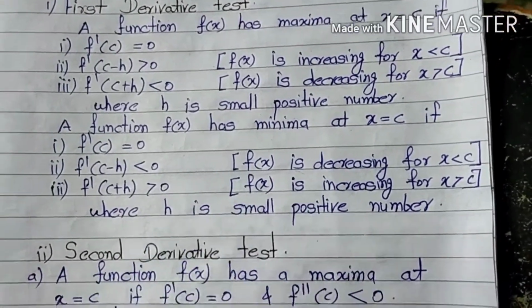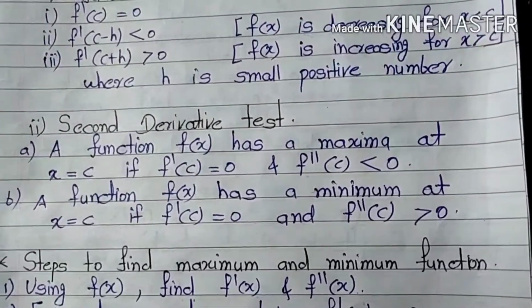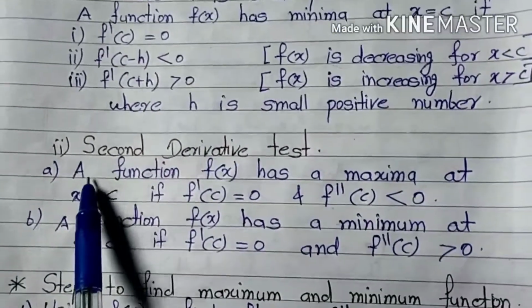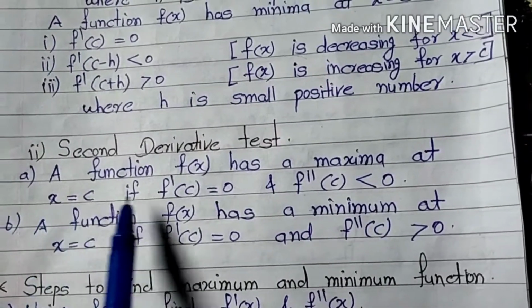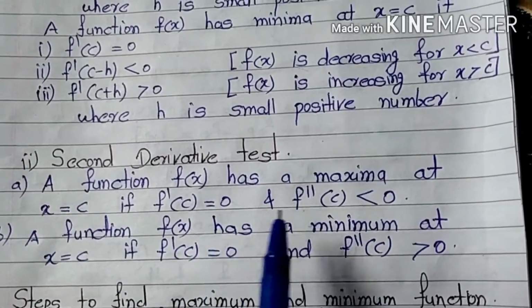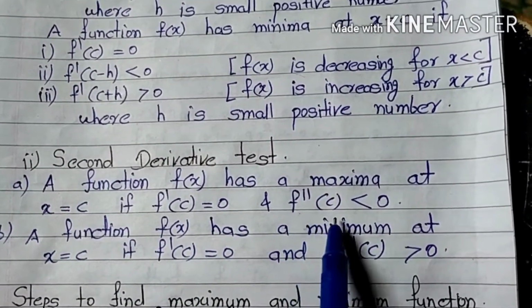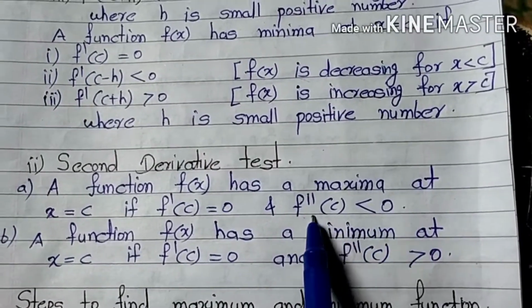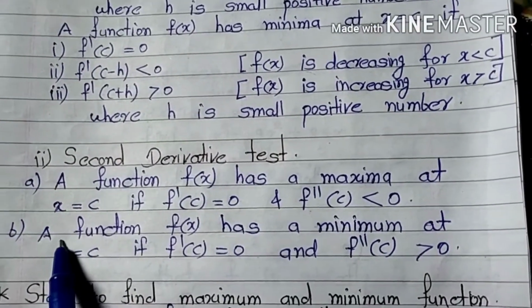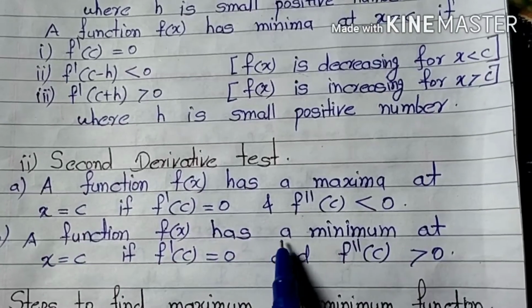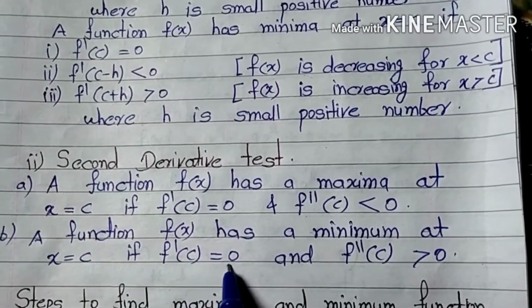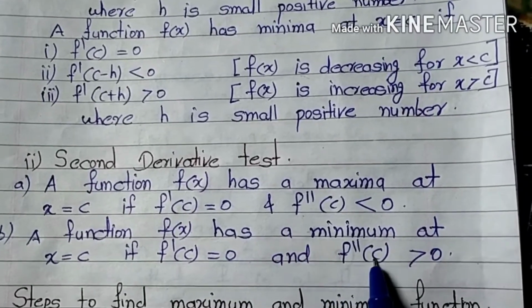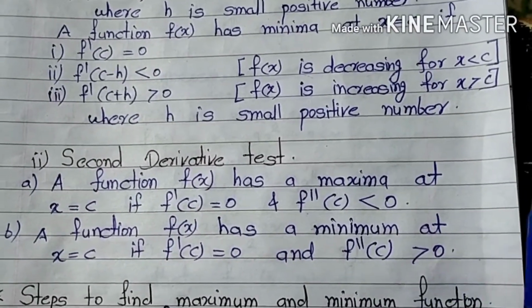Now what is the second derivative test? A function f of x has a maximum value at x equal to c if f dash of c equals 0 and f double dash of c is less than 0. And here also, a function f of x has a minimum at x equal to c when f dash of c equals 0 and f double dash of c is greater than 0.